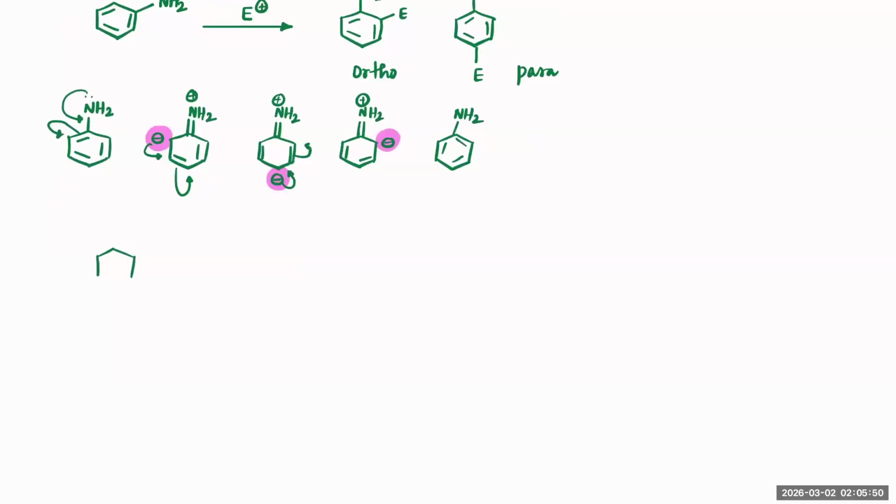Now, is it only for groups like NH2? Not necessarily. Even if you have a group like halogen X, which is fluorine, chlorine, bromine, iodine.